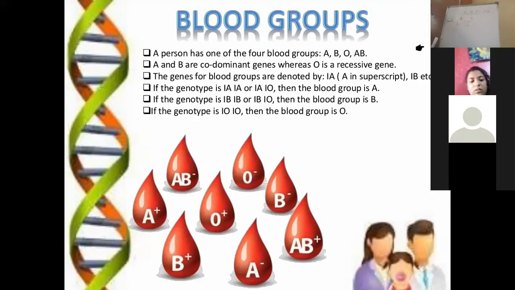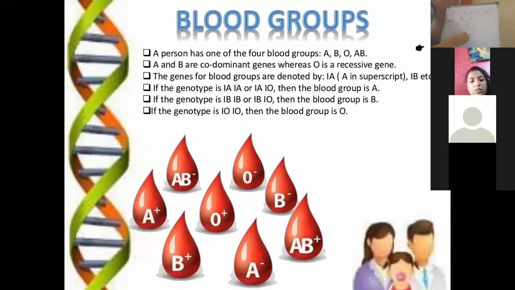right? Now, what will be the blood group of the progeny? Although it's a pair of genes, which trait will appear? The trait A will appear in the progeny. It means that the blood group of the progeny will be A. Why?